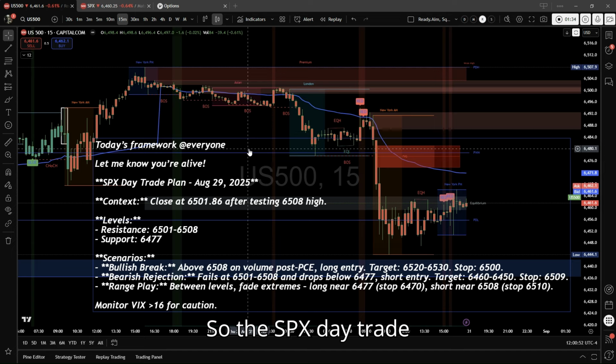So the SPX day trade plan for August 29th, 2025. The context was we closed at 6501.86 after testing 6508 as a high. So our key levels of resistance 6501 to 6508 and support from the overnight 6477.